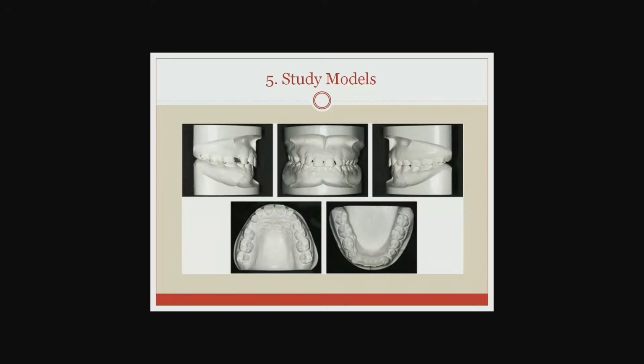The next one which you commonly see in dentistry is the plaster models of the jaws. They are low cost, they can be made at any place, and they can be stored for a longer period of time. They can be used to study the position of individual teeth and groups of teeth, one over the other, in one jaw or in the other jaw, or in relation to the right and left sides of the jaws.